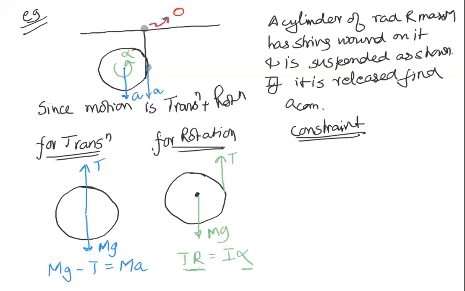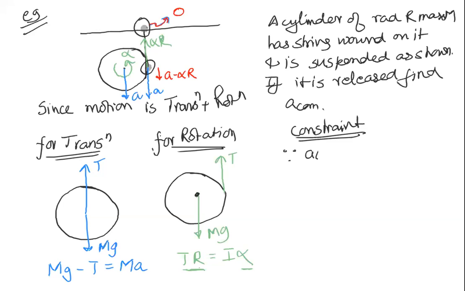And due to rotation, it must have an acceleration alpha r upwards, because alpha is anti-clockwise. The net acceleration of this point, if it is downward, will be A minus alpha r, or if it is upward, it will be r alpha minus A. So the constraint is that the acceleration of this point and this point must be same.